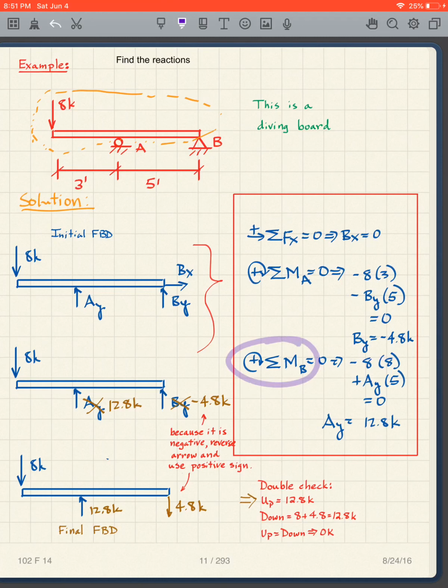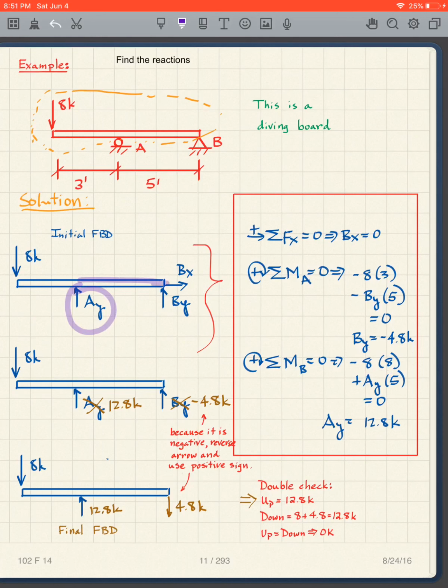I take moments about B. So now B is the center of my clock. Now remember, I keep using the initial free body diagram. There's the center of my clock. For this, there's my hand. It sends the hand counterclockwise. So it's 8 times 8, and I just went through it, so it's negative 8 times 8.